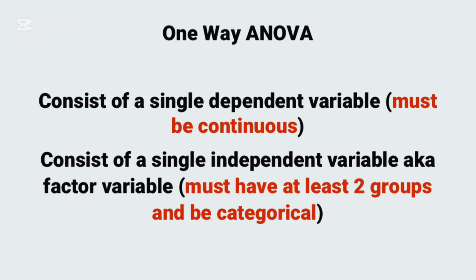Now like I said earlier, we have like 7 types of ANOVA, but the most popular type of ANOVA is what we call the one-way ANOVA. So the one-way ANOVA is the ANOVA that we use to compare the difference between the means of at least 2 groups. It works like this. We have a dependent variable and we have the independent variable.